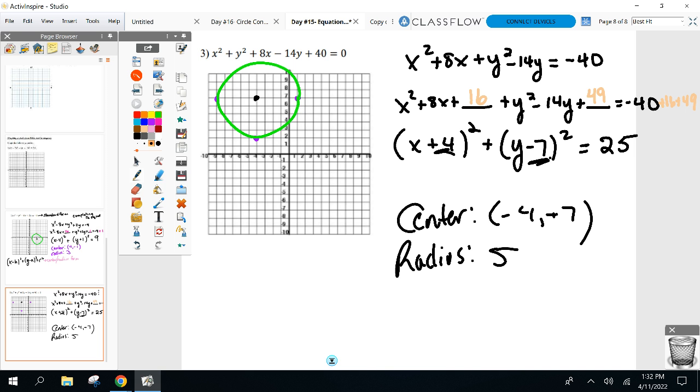Any questions? So what I'd like you to do right now, in your packet, please go to page 55. In addition to doing the packet page 56 tonight, you're also going to include the ones we crossed off, which is completing the square.